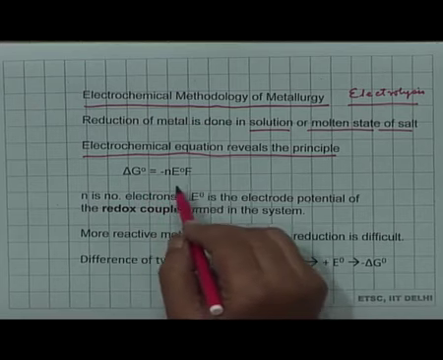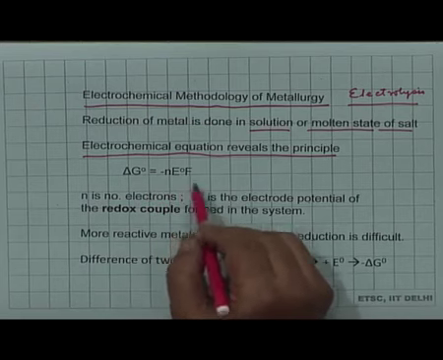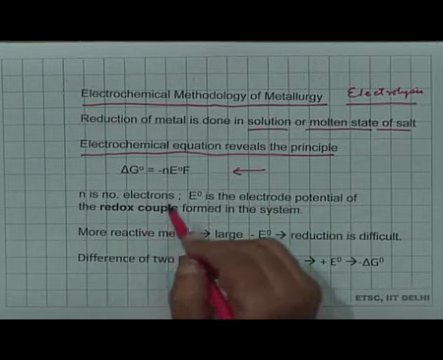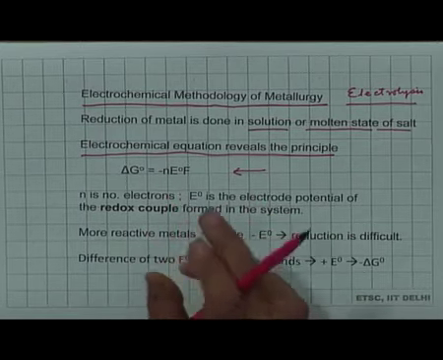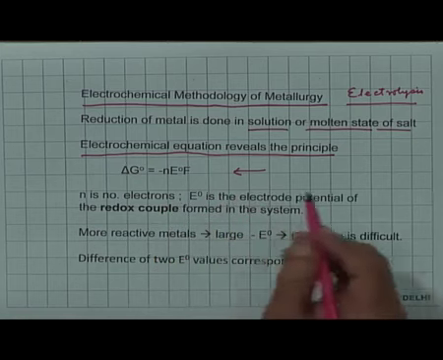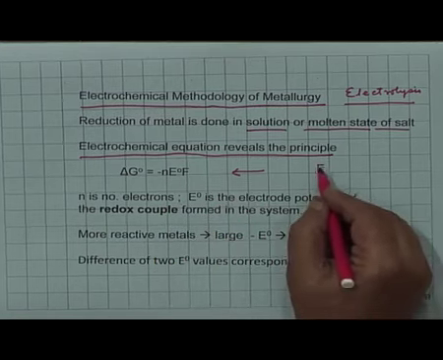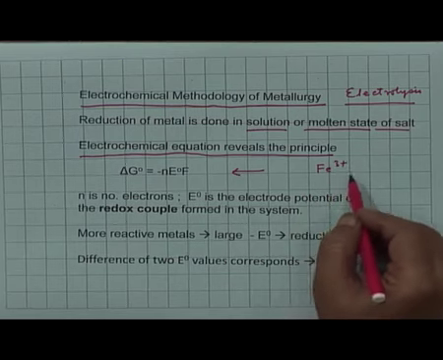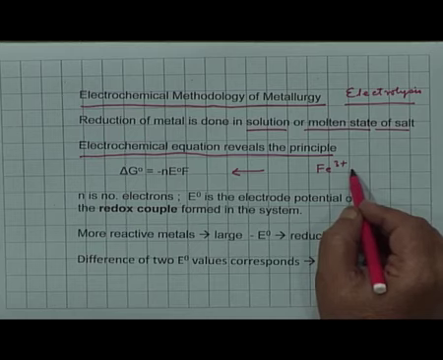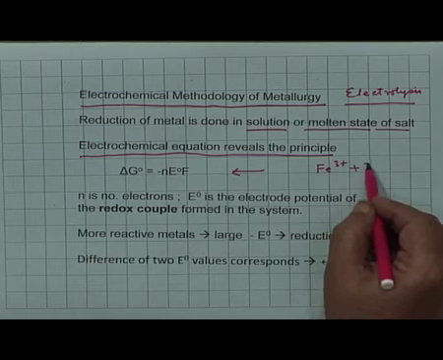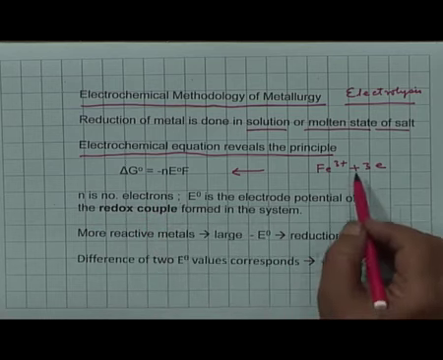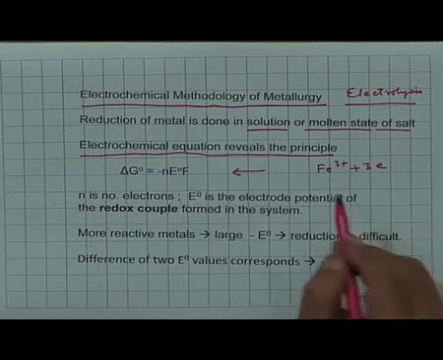The delta G naught is related to the electrode potential by this equation. In this equation, n is the number of electrons required for reduction of a metal. For example, for Fe3+, one ion of Fe3+ requires 3 electrons, so the value of n for such a reduction will be 3.